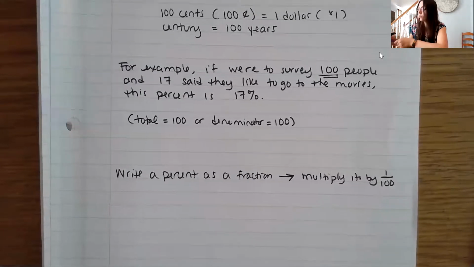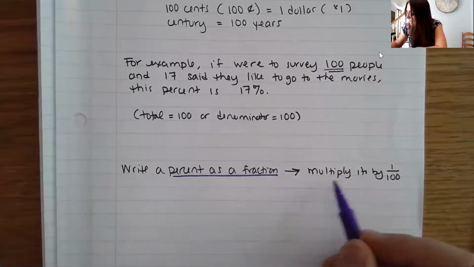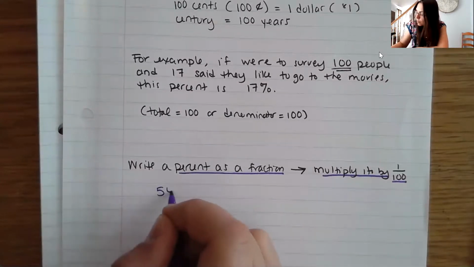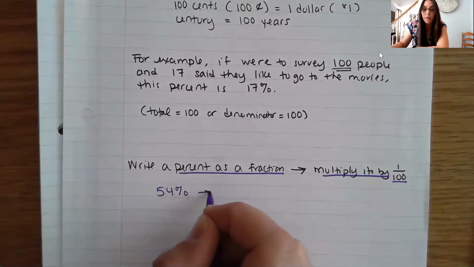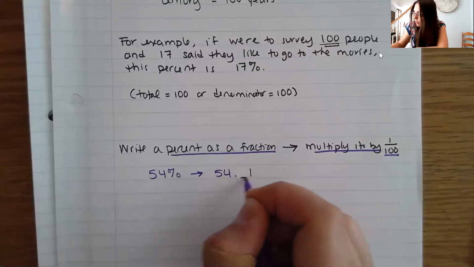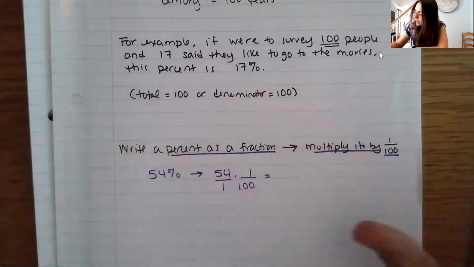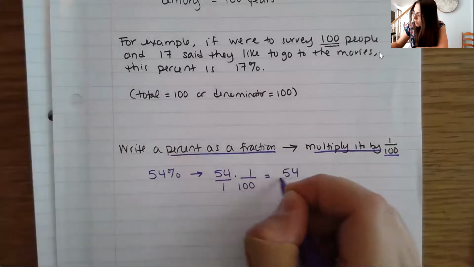So let's do some examples. Let's say I have 54% and I want to write this as a fraction. So we would do 54 times 1 over 100. You're just multiplying straight across here, 54 over 100.